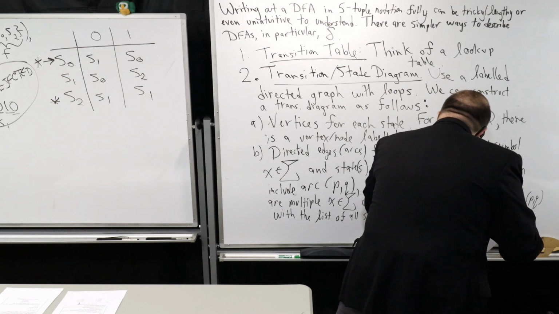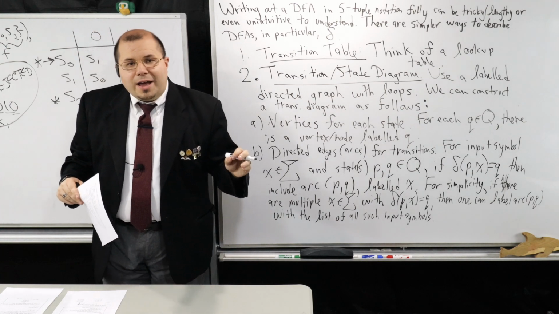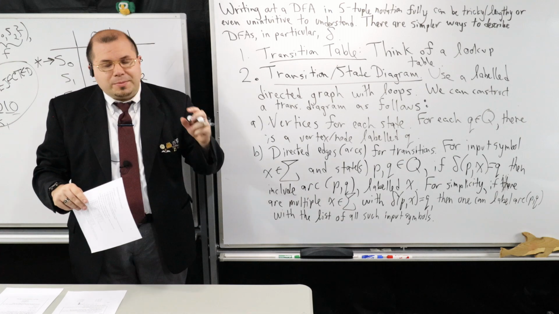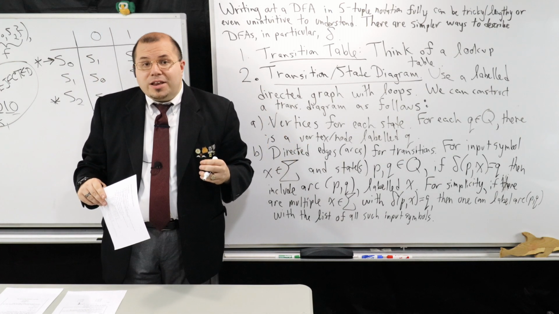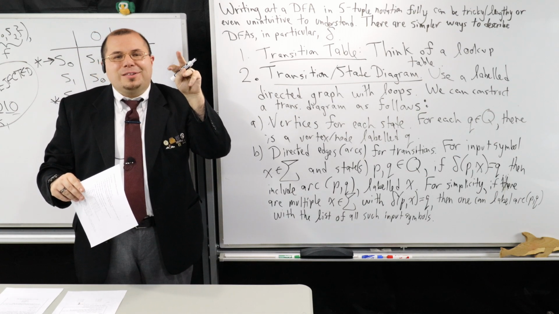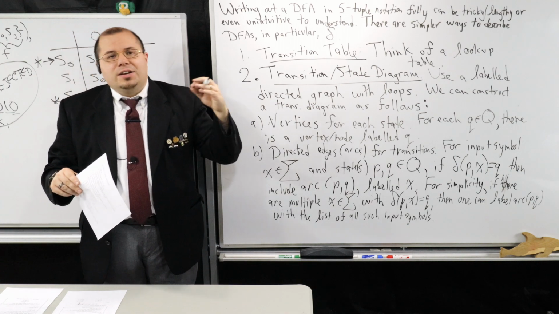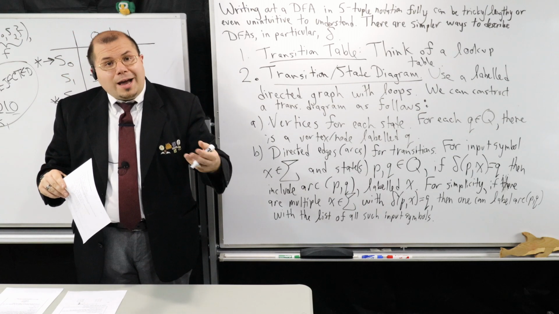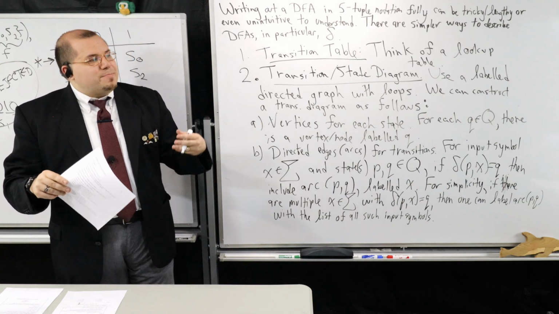So all I'm saying is, if there's a transition from one state to the other, and there exists another one using another symbol that goes from the same state to that other state, then you can label the directed edge with multiple symbols. For example, if I transition from one state to the next state using either 0 or 1, I can label the arc 0, 1. But like I said, it's a matter of convenience.